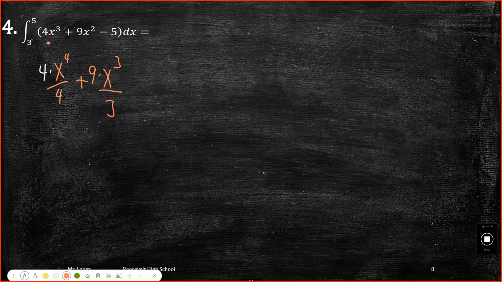There's the 9. I'm not changing colors. And then minus, and that's a constant. It came from 5x. Put the x back. Negative 5x. All right. So we can cancel: x to the 4th plus 3x cubed minus 5x. Evaluate it from 3 to 5.